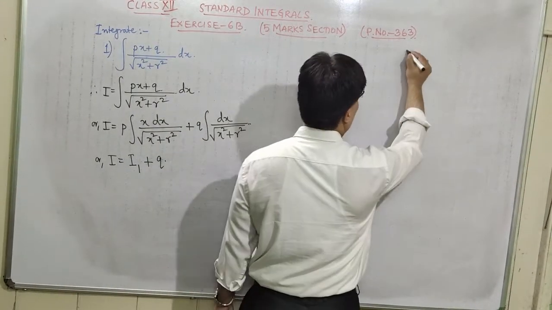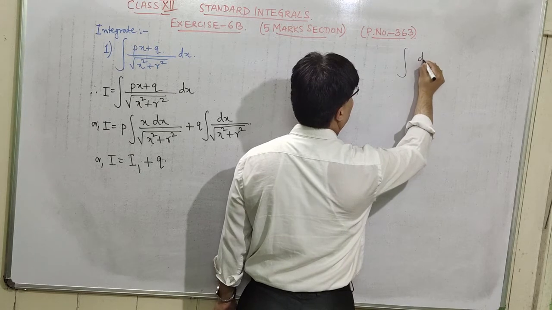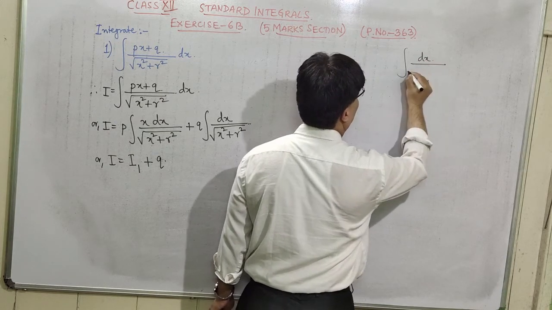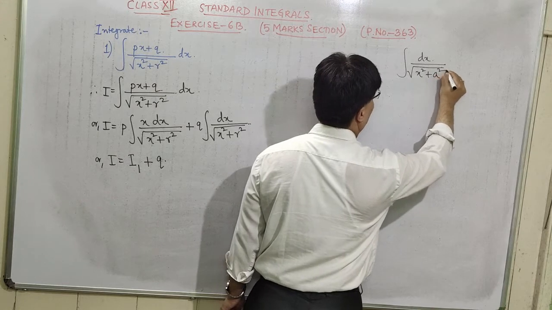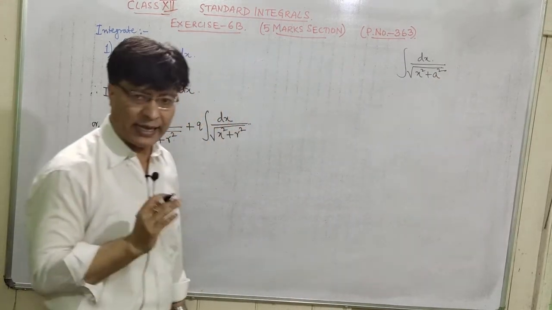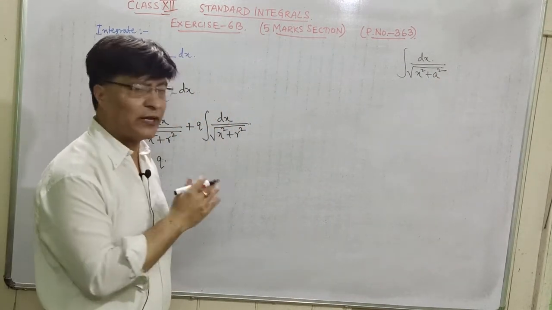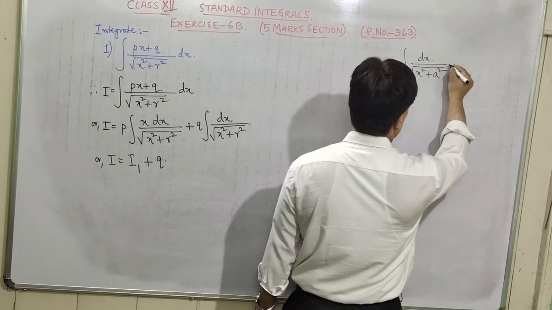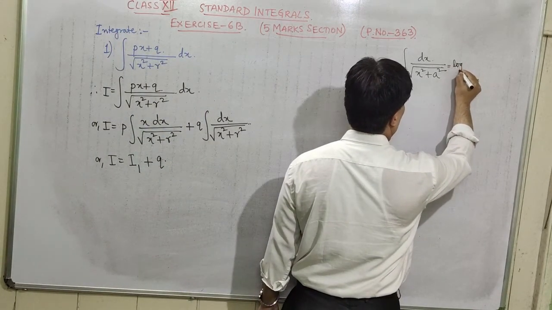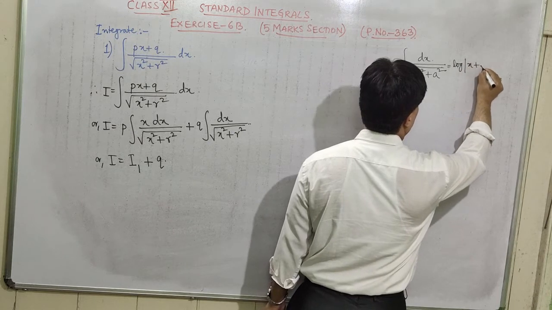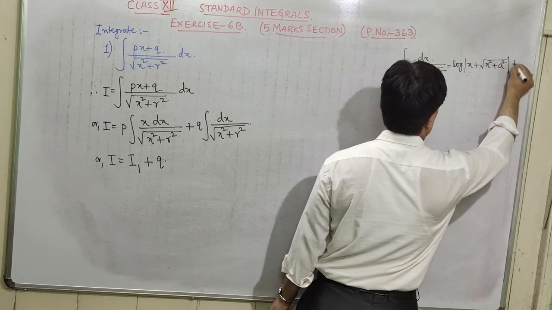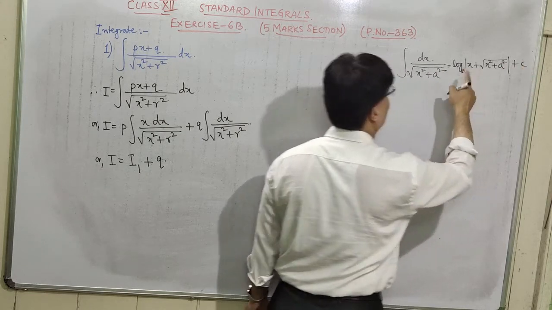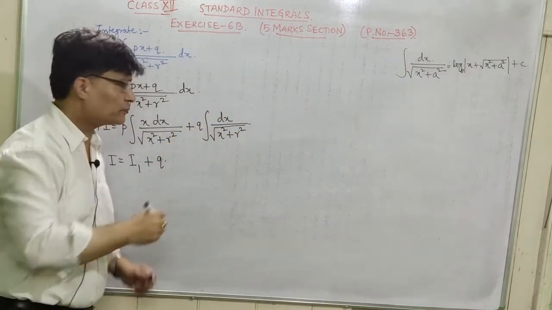This is in the form of the integral of dx divided by root over x square plus a square. Here x is the variable, a is a constant, so we can use the formula log of mod x plus root over x square plus a square, mod sign closed, the base is e, then plus c.